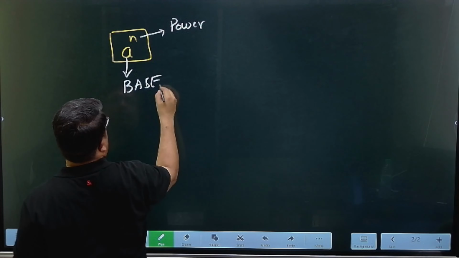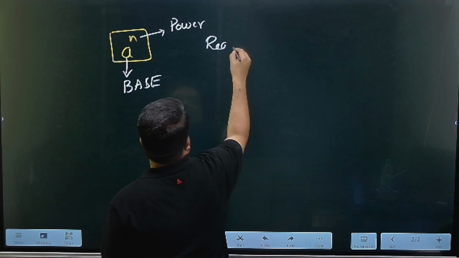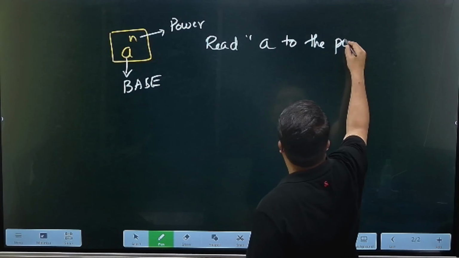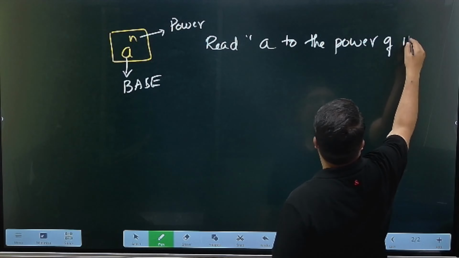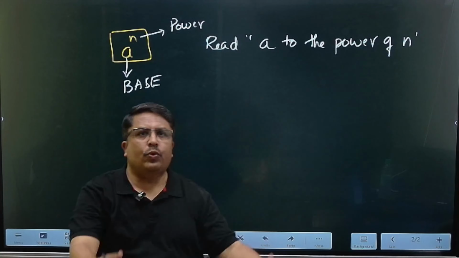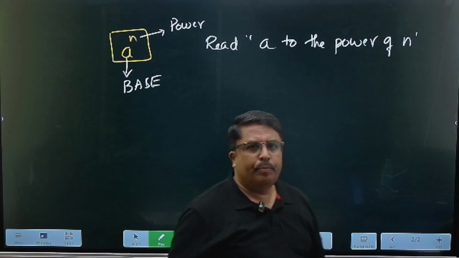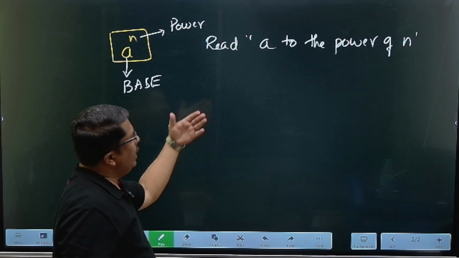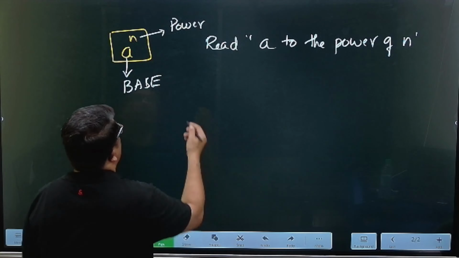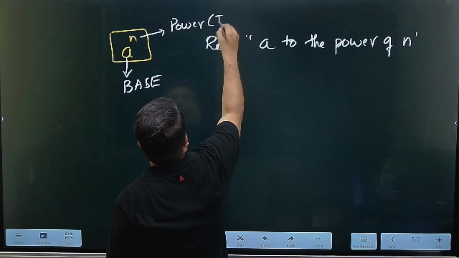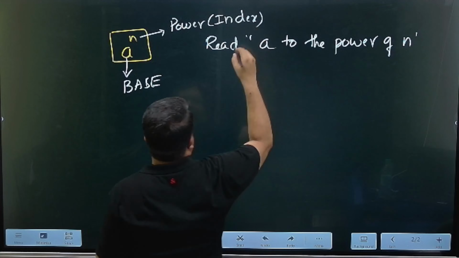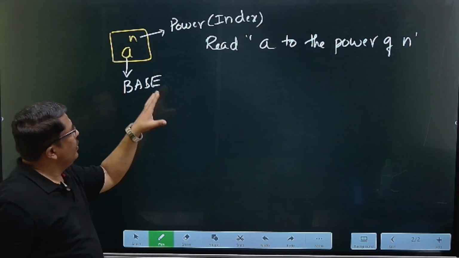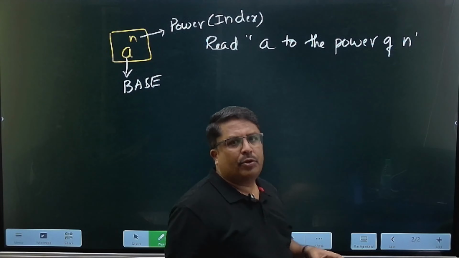To read this, we can say a to the power of n, or a raised to n, or a exponent of n. This is power, or index, or exponent, and this is called the base. So this is a concept called indices.